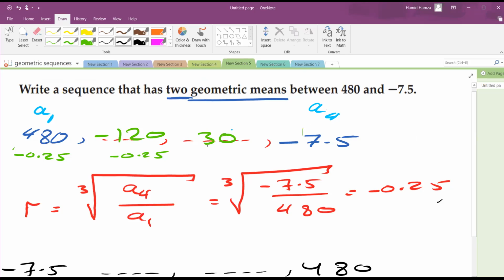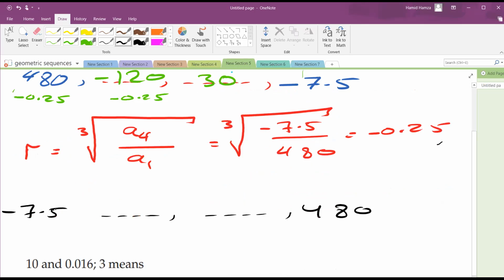If you reverse it and start with negative 7.5, the common ratio flips: this one goes up and this one goes down. The answer will be negative 4 instead of negative 0.25.